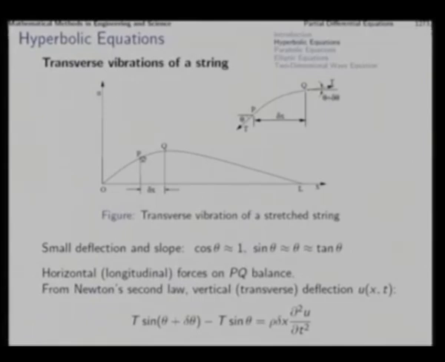So, this net force is going to be its mass, that is, linear density rho, mass per unit length, into delta x, which is the mass of this PQ segment, multiplied by the acceleration of this segment, that is, the second derivative of u with respect to time.